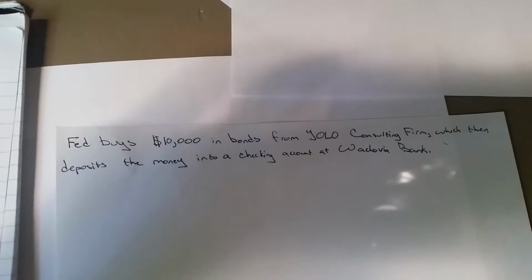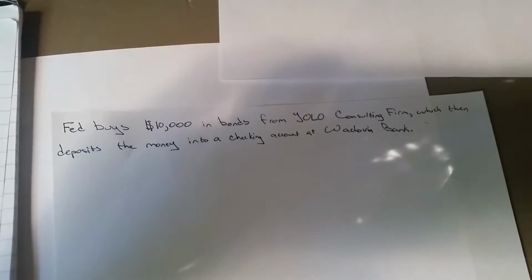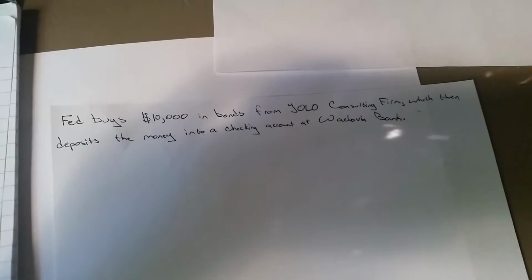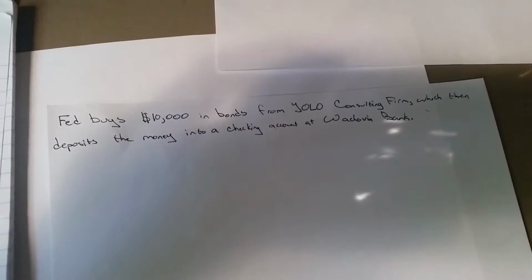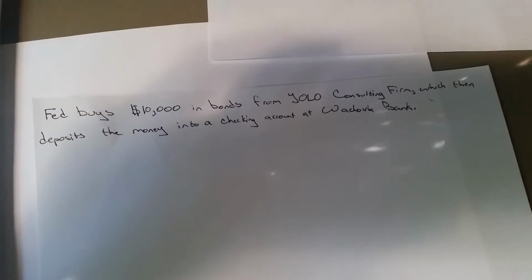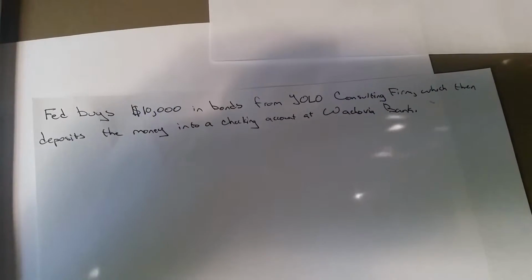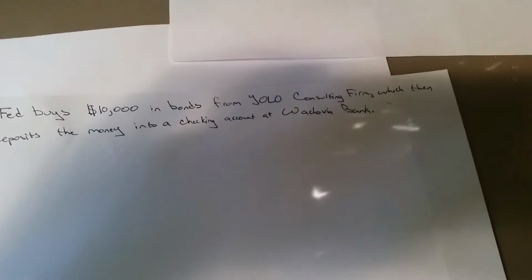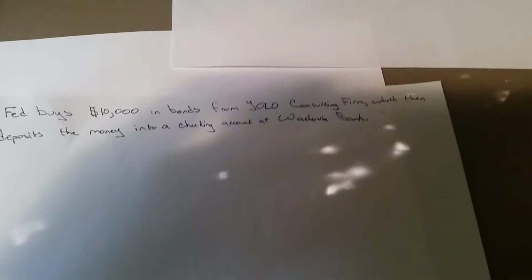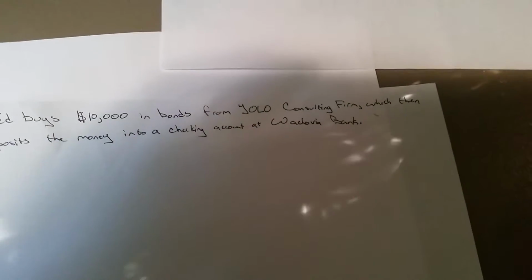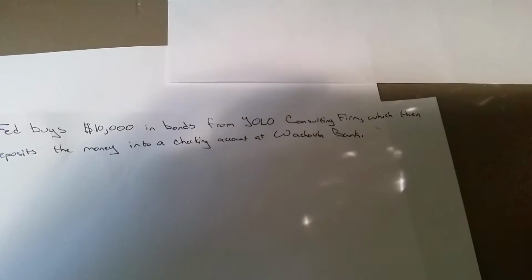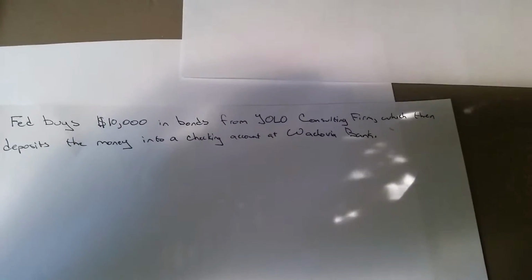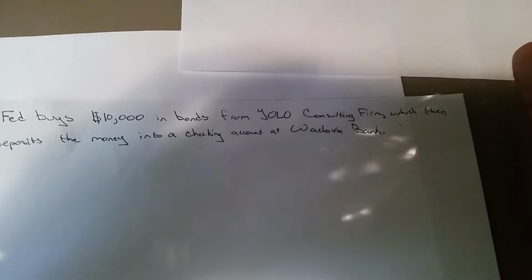All right, now let's move on to some example equations. Say that the Fed bought $10,000 in bonds from Yellow Consulting Firm, who then deposits the money into a checking account at Wachovia Bank. Now, let's just say that the reserve requirement that the Fed has is 100%.